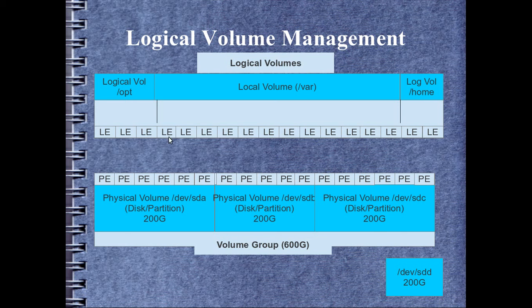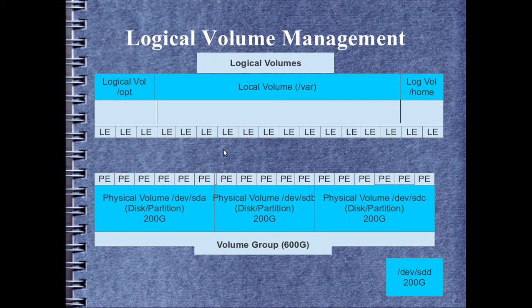The same happens for the other logical volumes. So the mapping is happening in striping. The first physical extent of this will be used, then the first of the third one. Then coming on to the fourth, the logical extent will map to this one, the fifth is going to map with this one, and the sixth is going to map with this one.